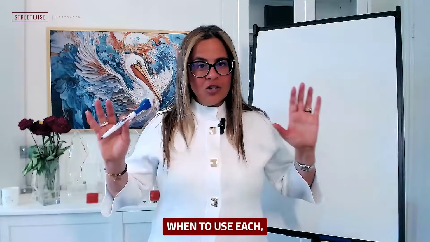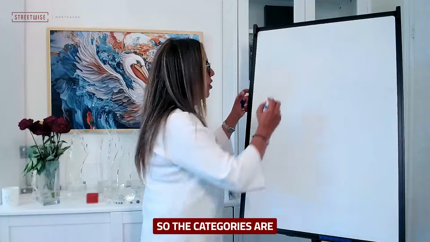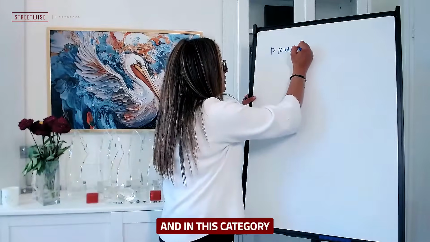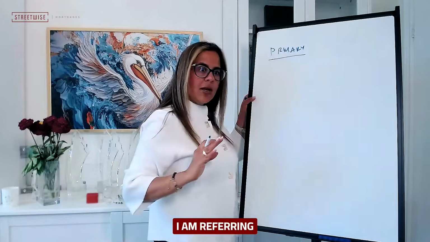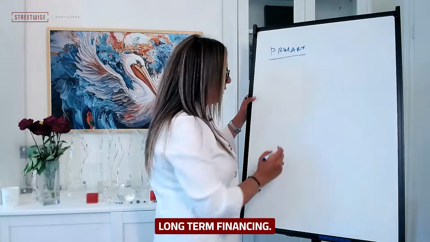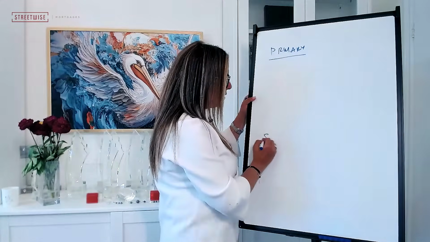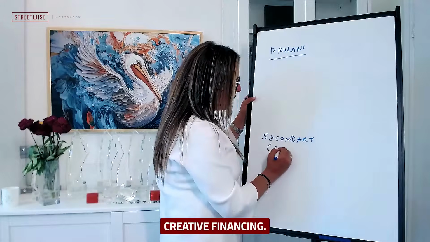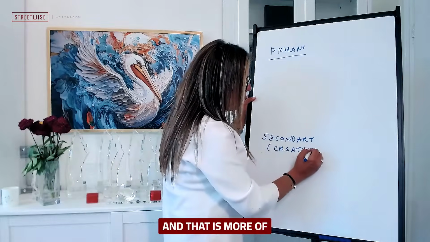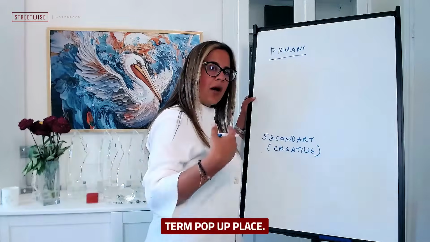Here are the 6 financing strategies that are available to you to finance a multifamily property in Canada. I'm going to group them into 2 categories, and I'm going to show you what they are, when to use each, as well as the pros and cons. So the categories are primary financing, and in this category, I am referring to long-term financing, and the second category is secondary, or what I call creative financing, and that is more of a short-term type of financing.